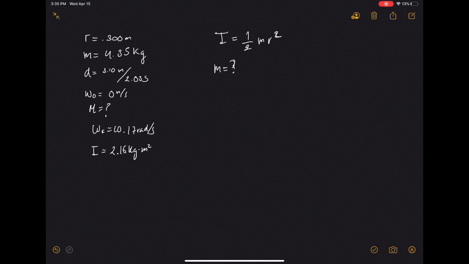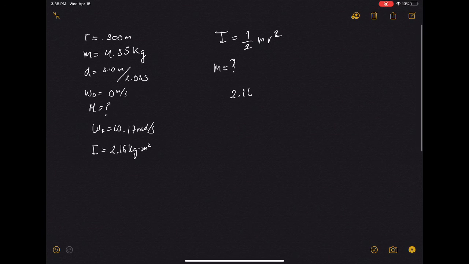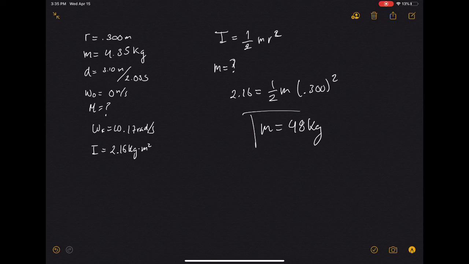We plug the numbers we got in the formula. So we got 2.16 equals 1/2 m times 0.300 for the radius squared. And solving that, you finally get 48 kilograms. And that's the final answer.